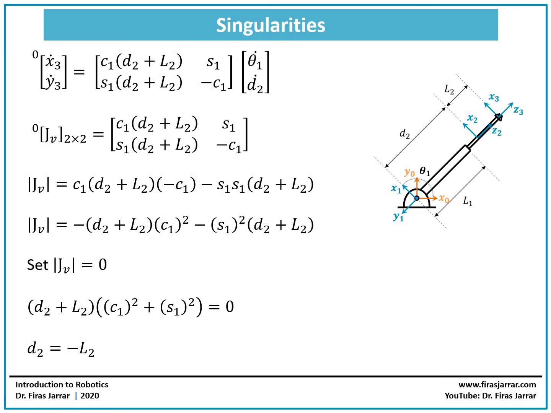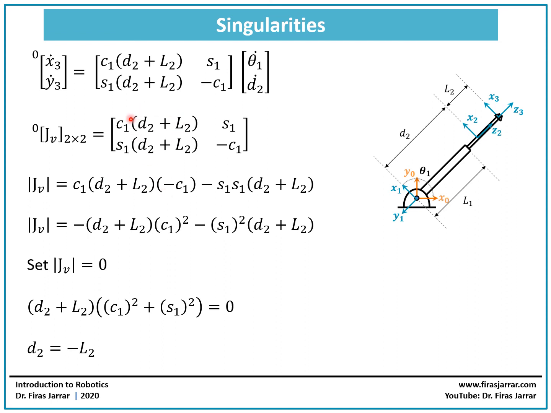For looking for the singularities, we're going to look at the determinant of the Jacobian, set this determinant equal to 0, and see under which conditions there will be no inverse. And so this is the determinant.